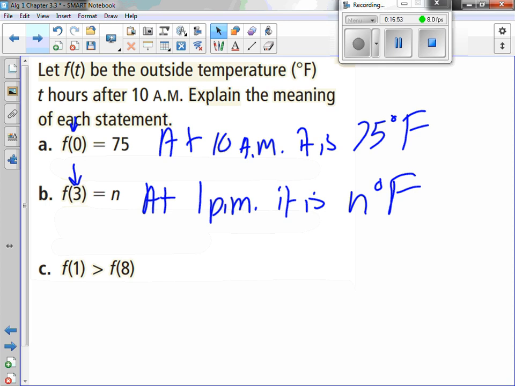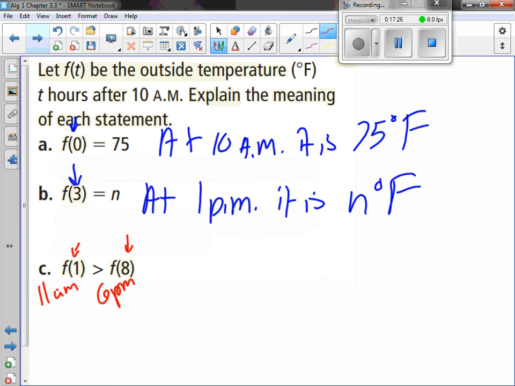Now the last one, f of 1 is greater than f of 8. So f of 1 would be 1 hour after 10, which is 11 a.m. 8 hours after would be 6 p.m. We can count it: 10 to 11, 11 to 12, 12 to 1, 1 to 2, 2 to 3, 3 to 4, 4 to 5, 5 to 6.